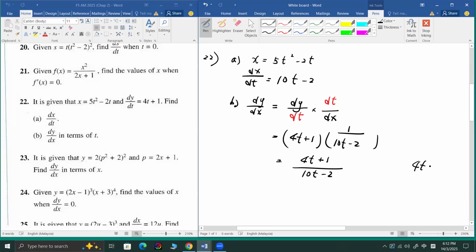If I want to simplify it, for example, down there I have exactly the same, only then I can simplify it. But here can't, so I have done my dy/dx in terms of t. Can you see? dy/dx in terms of t. Got it, class? Can follow?